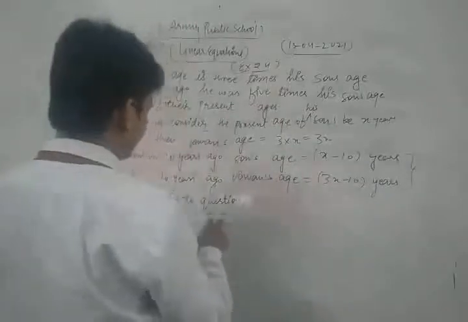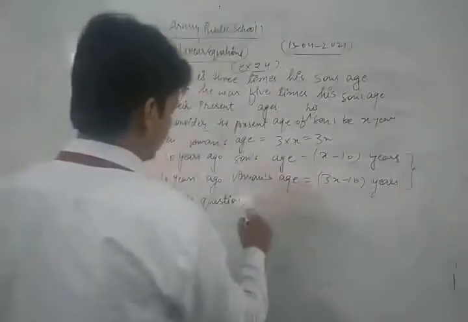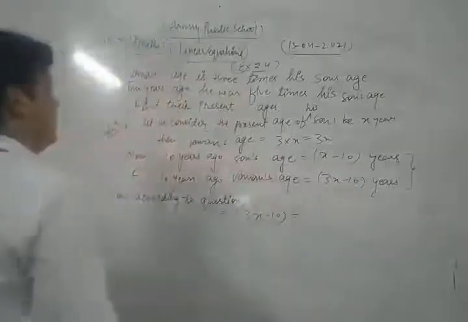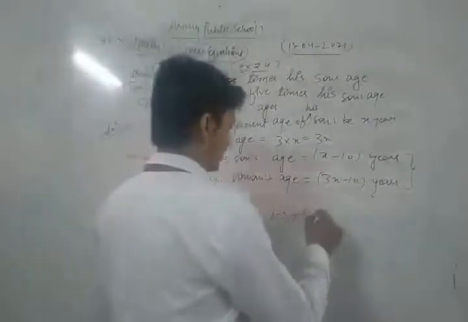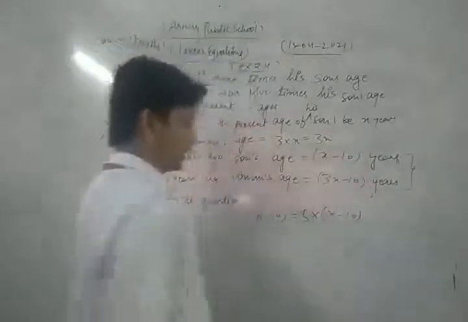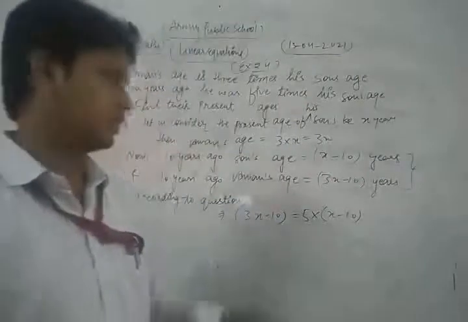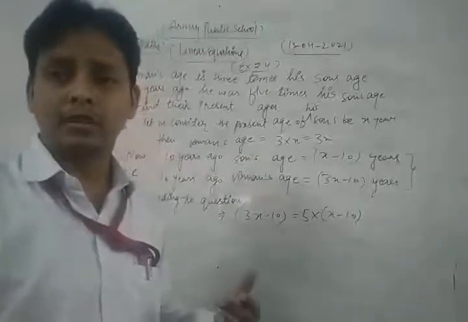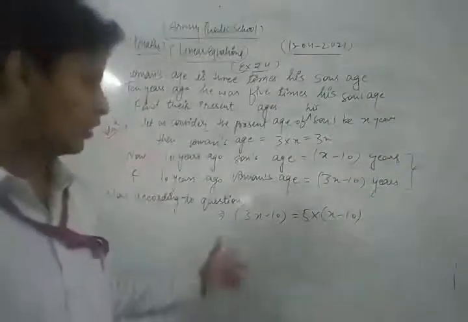Means 10 years ago Aman's age, that is 3x minus 10, is equal to 5 times the son's age 10 years ago, means 5 into x minus 10. This is the condition according to the question. Okay, now we simplify it.